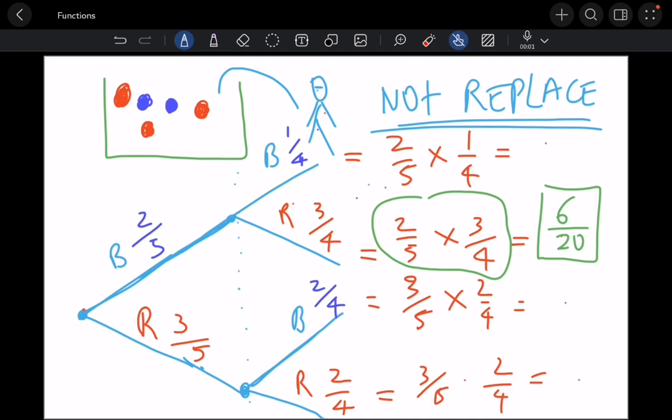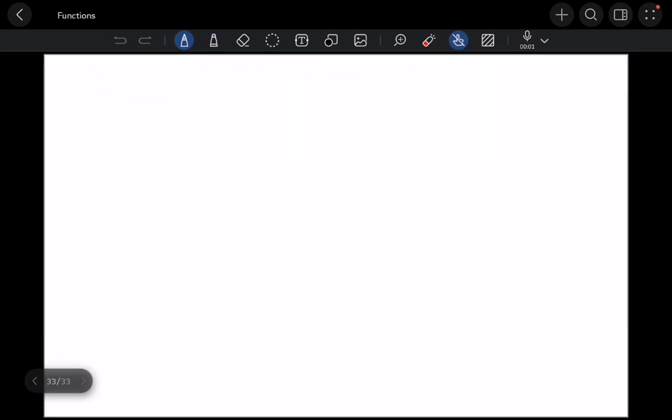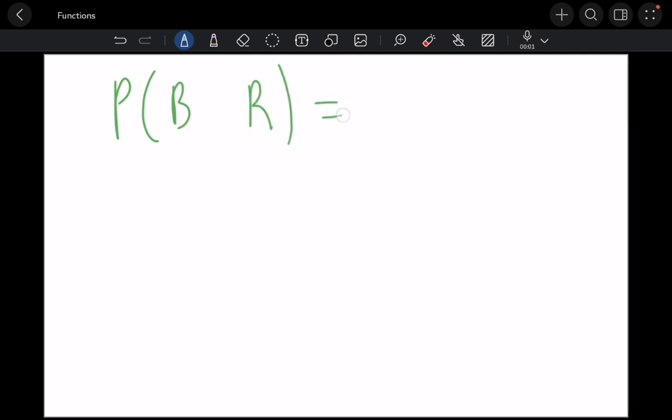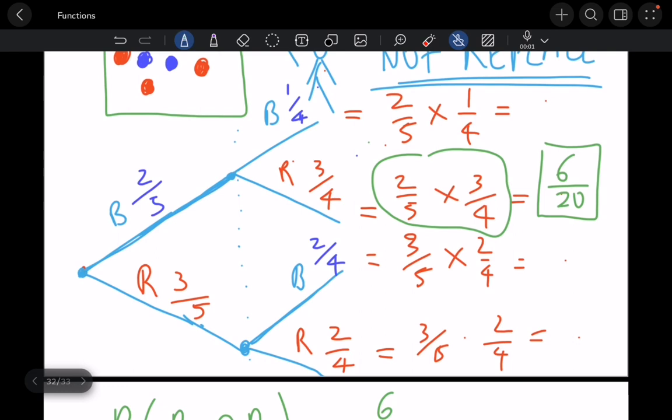Mathematically, you will write it like this: the probability that the first ball is blue and the second ball is red, the probability of blue and red, is equal to 6/20.